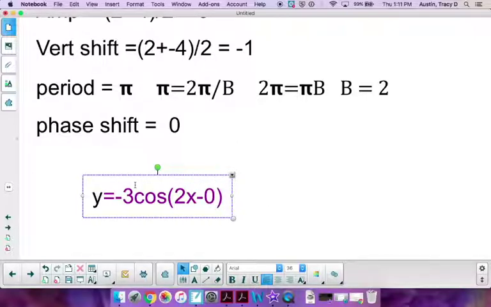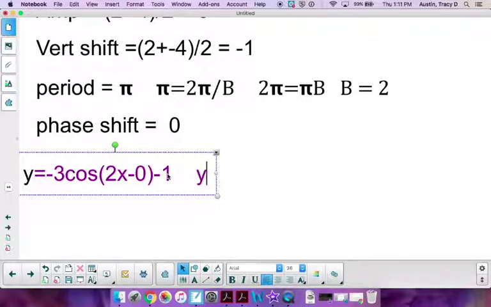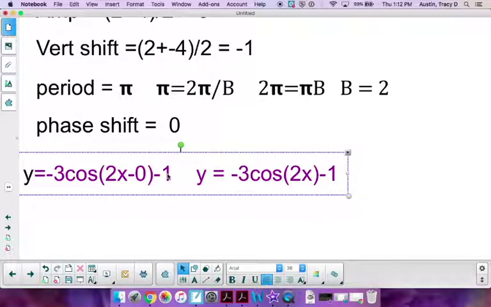And the vertical shift is down 1. So simplified, y equals negative 3 cosine 2x minus 1.